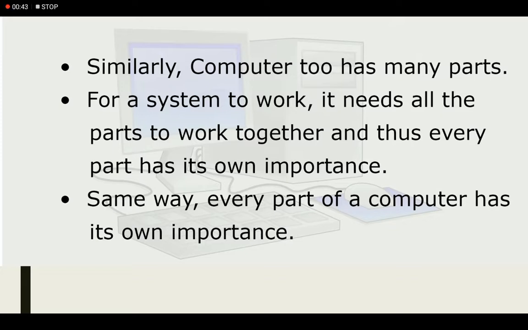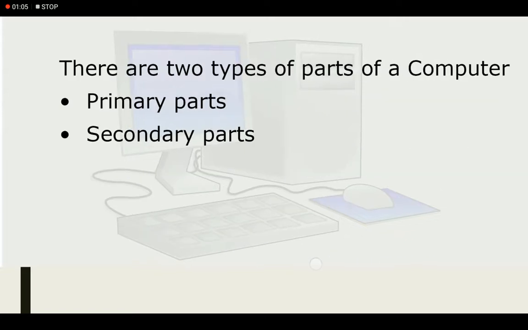For a system to work, it needs all the parts to work together, and thus every part has its own importance. Same way, every part of a computer has its own importance like our body parts.